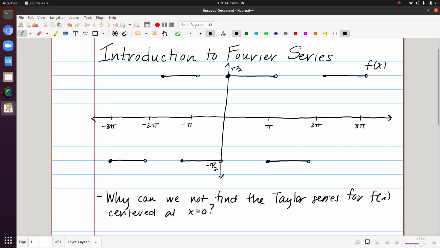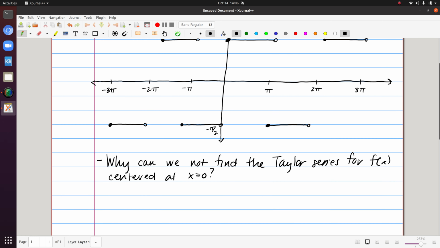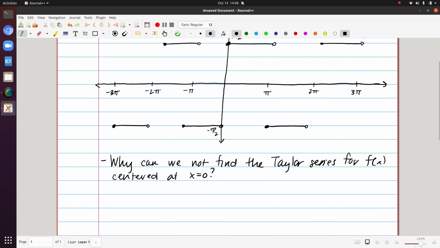The function isn't even continuous there. So likewise, I wouldn't be able to find the second derivative, the third, and so on. So one of our underlying assumptions is that our function f has to be differentiable at the center value. And then beyond that, I can change my center, and I can find the Taylor series at other points.